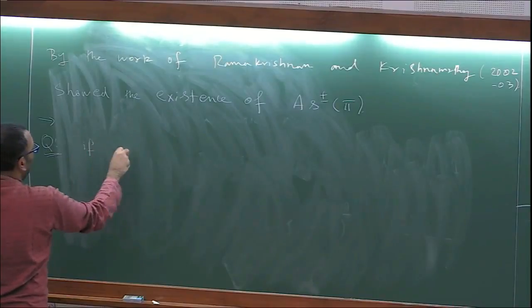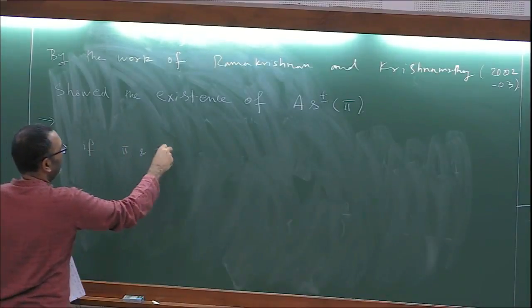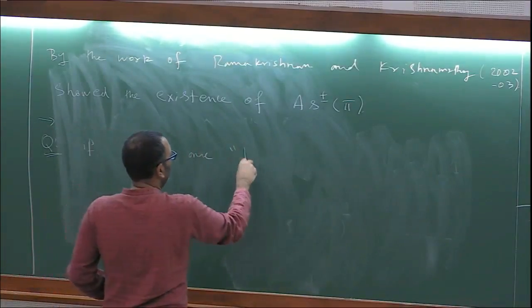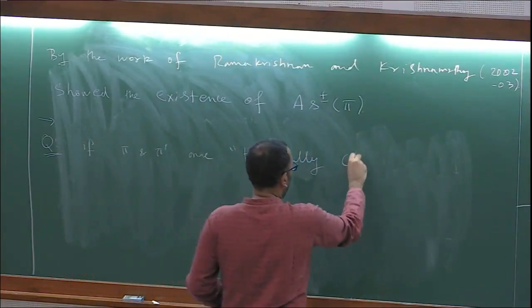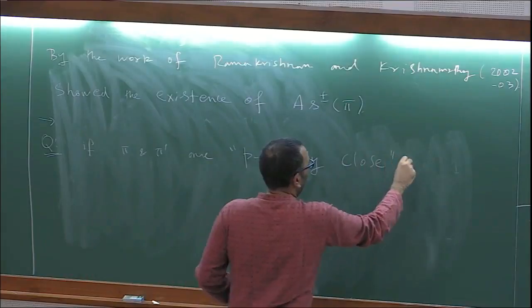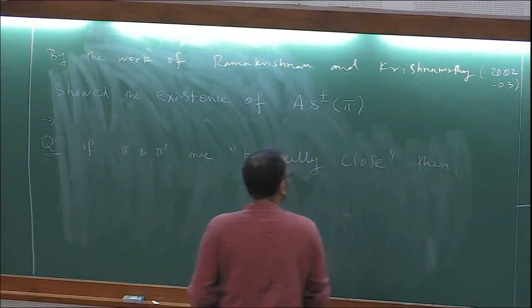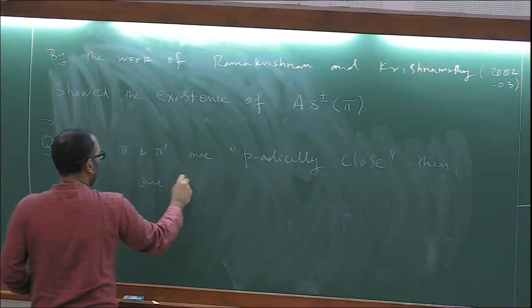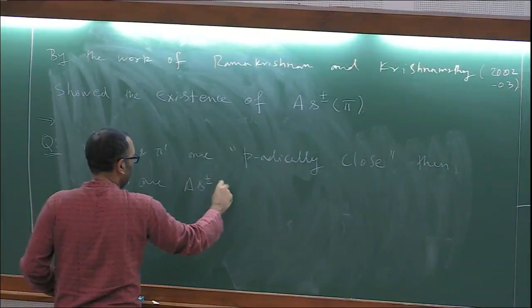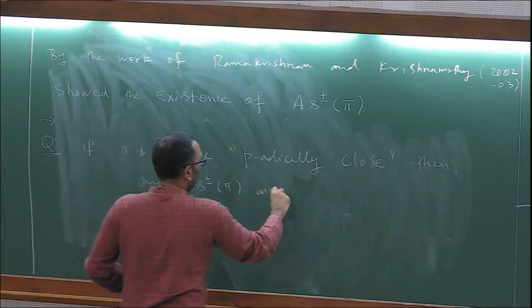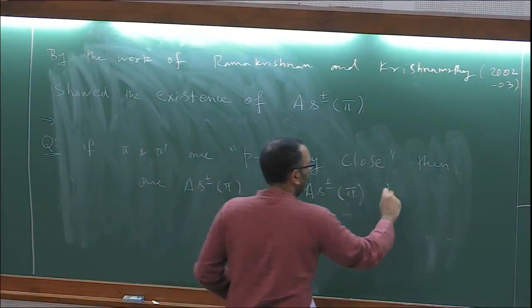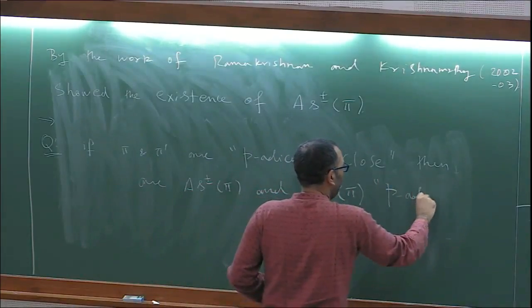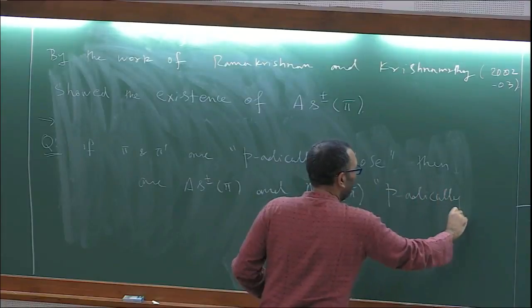So if pi and pi prime are p-adically close, are the Asai transfers of pi and pi prime p-adically close? Again, I have to make sense of what p-adically close means.